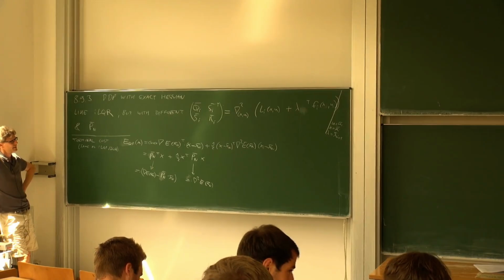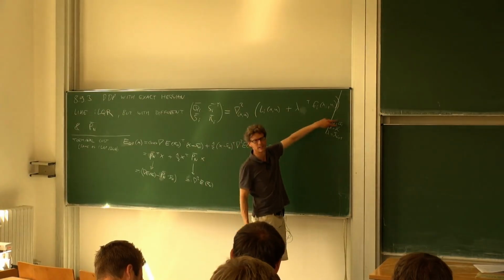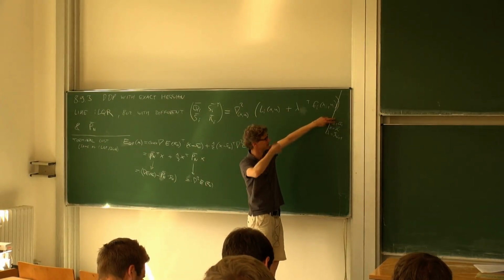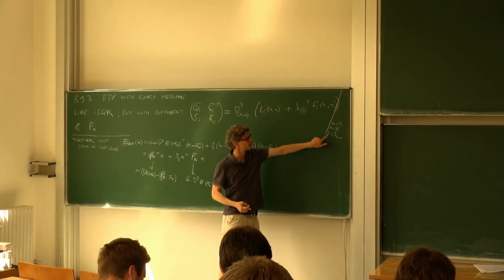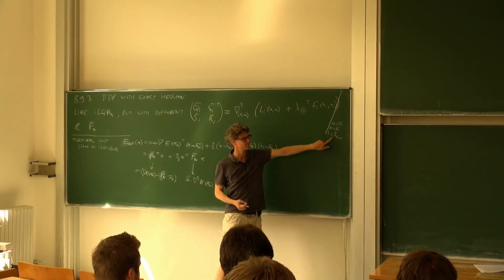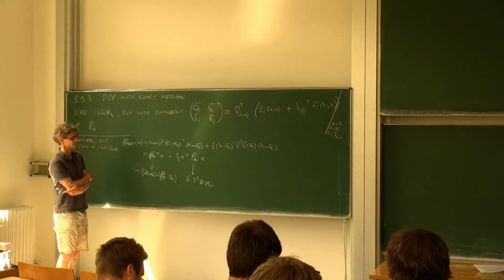So this is a bit nasty because in the DDP algorithm I have only u's, right? The u's are the memory of the system. I can simulate with the u's, I can get the x's. But how do I get the lambdas? The lambdas are a bit more difficult to get, and there would be different ways.